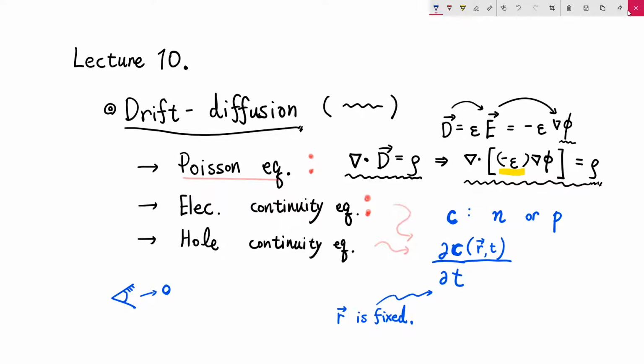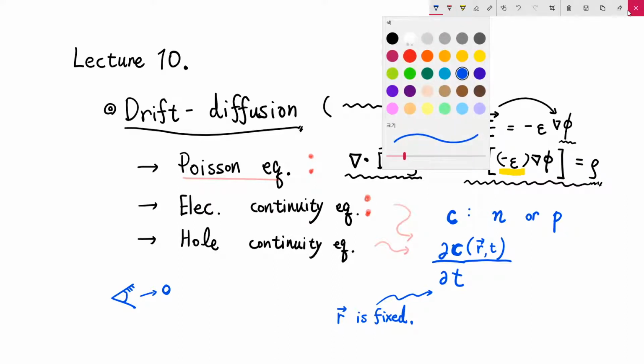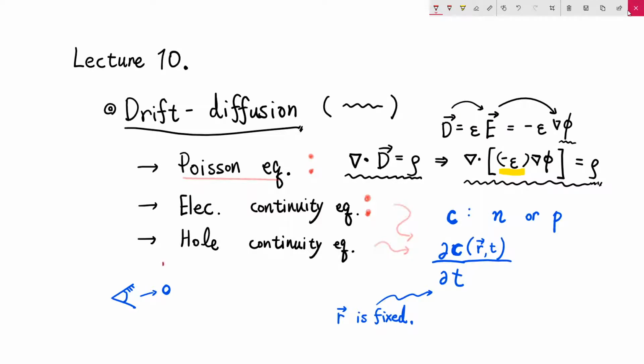Then after time elapses, what will happen? More electrons or fewer electrons? Let's assume that electrons are approaching and entering this observation point.